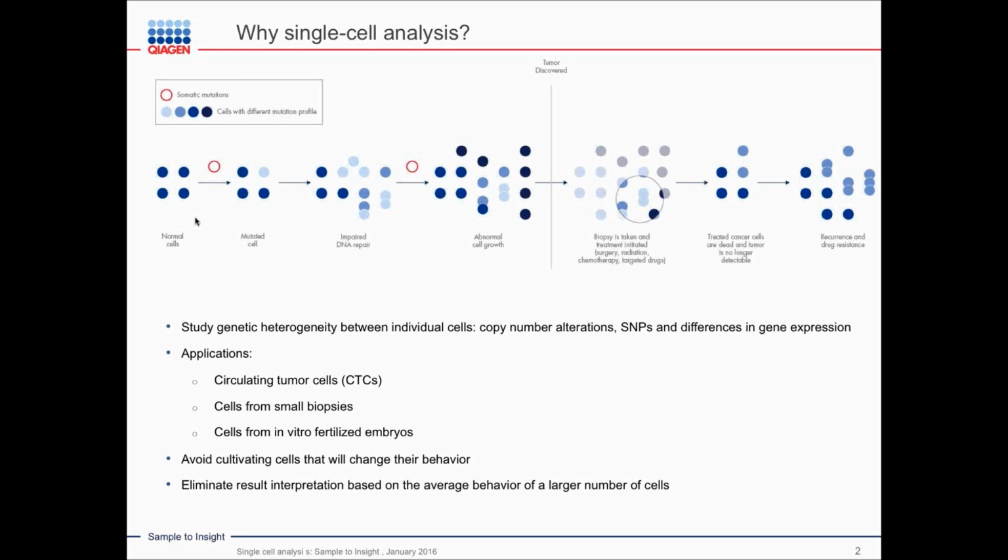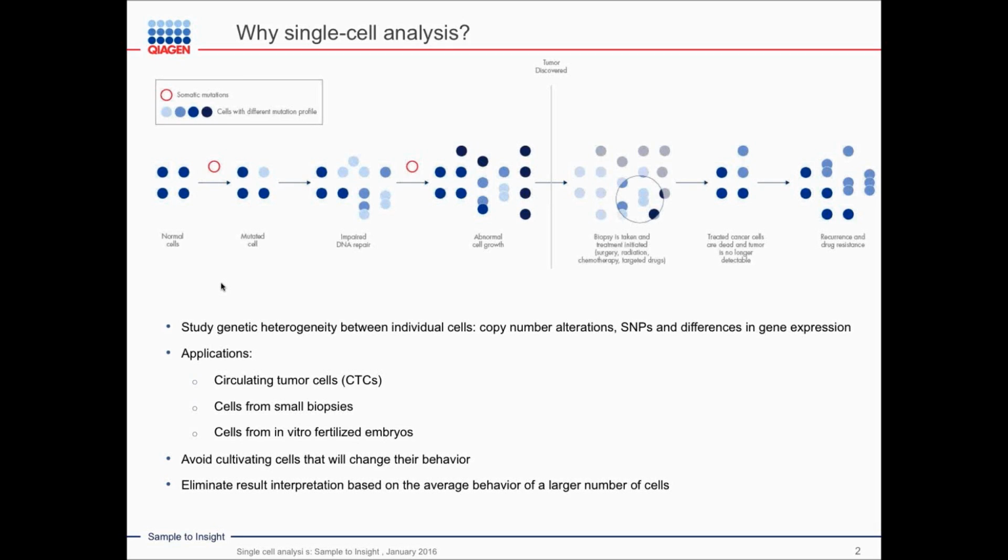Cancer cells are known to be heterogeneous. They're heterogeneous in terms of single nucleotide variation, copy number variation, and expression, and these are all types of differences that we can measure with next generation sequencing and then analyze with bioinformatics.